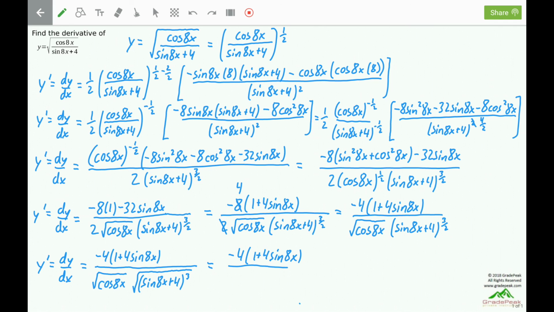It's possible to combine them under one square root, and they're multiplying each other. Cosine of 8x, and then times the sine of 8x plus 4 quantity cubed. So there's an alternative way to write the derivative. Either version's good, but that's our derivative y prime or dy dx.